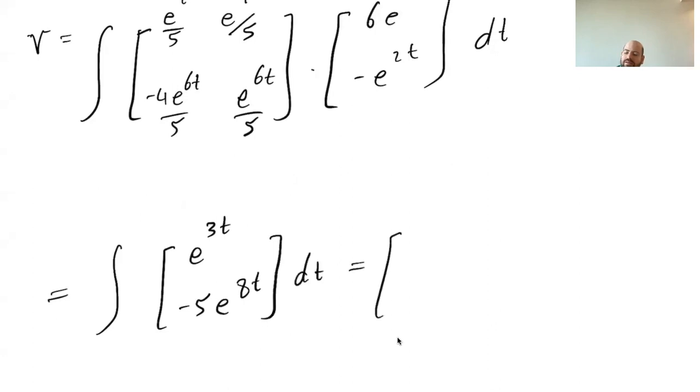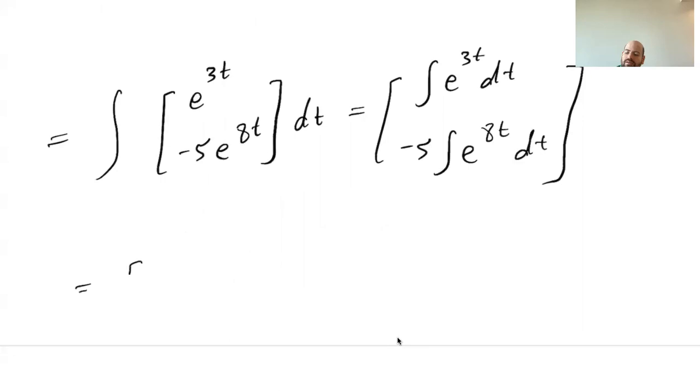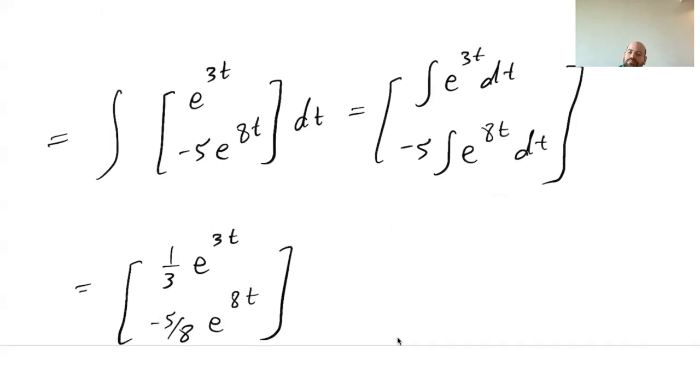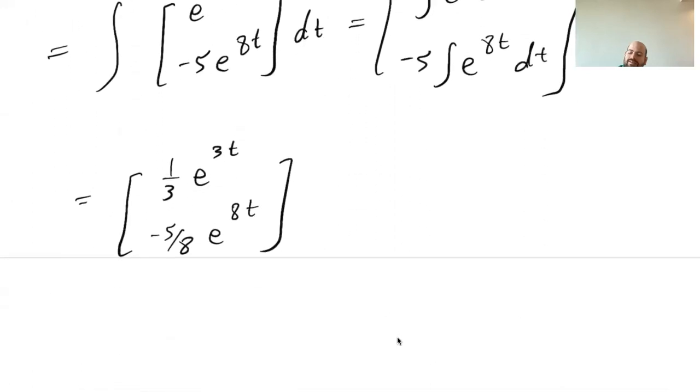And then this is going to be the integral of e to the power 3t dt and minus 5 times the integral of e to the power 8t dt, which is going to be 1 over 3 e to the power 3t, and then minus 5 over 8 e to the power 8t. And then, so this is my V.